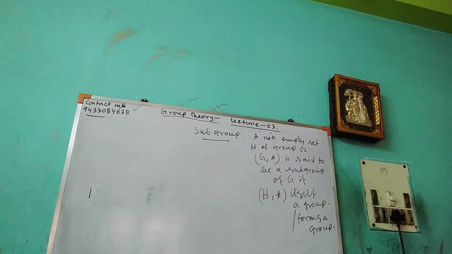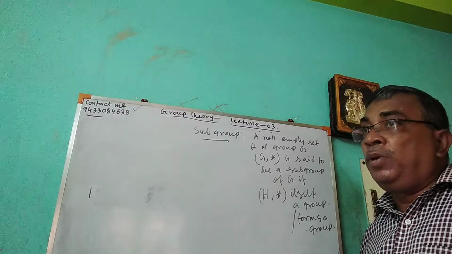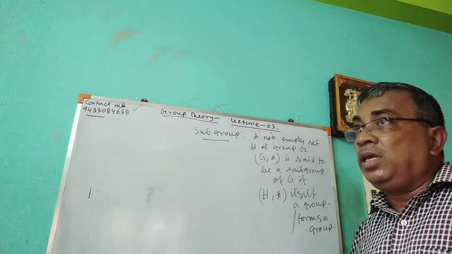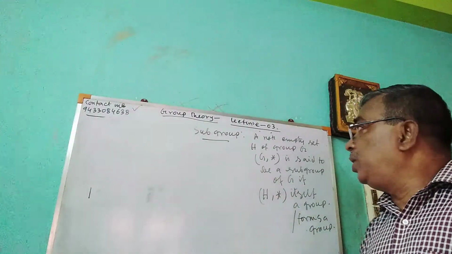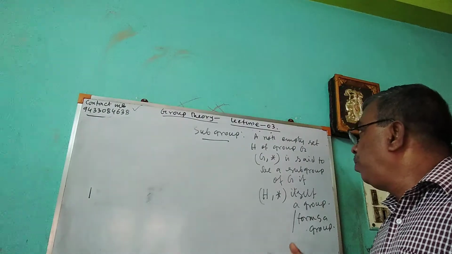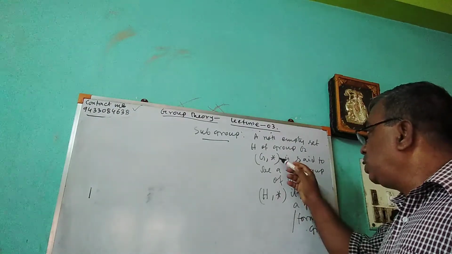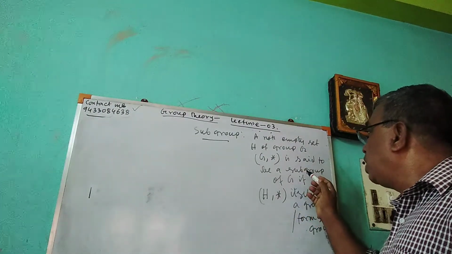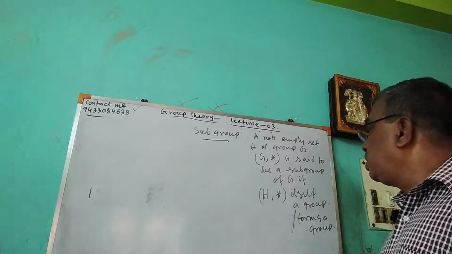That means we can say H is a subgroup of G. H is a non-empty set of group G, and G star is said to be a subgroup if H star is itself a group.